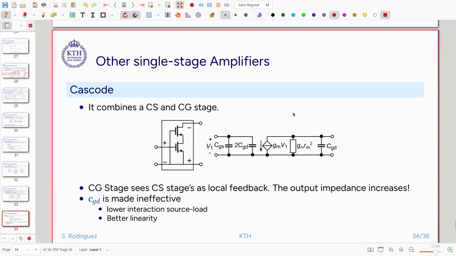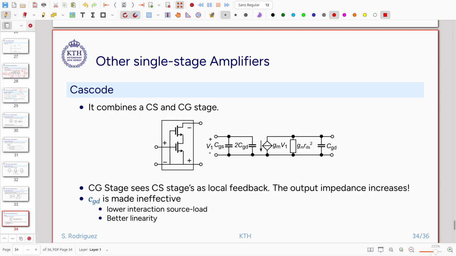Another stage that is quite important for us is the cascode stage. In the cascode stage I also use two transistors, but I connect the transistors like this.